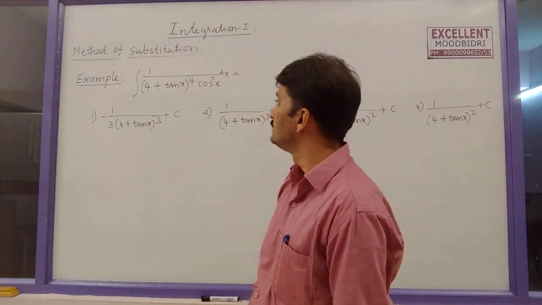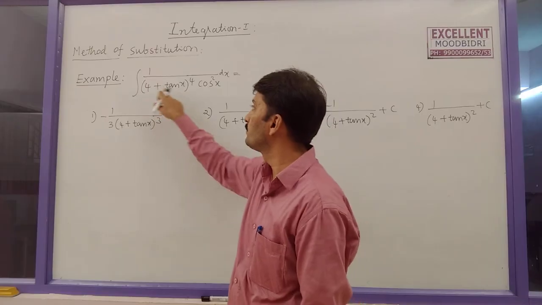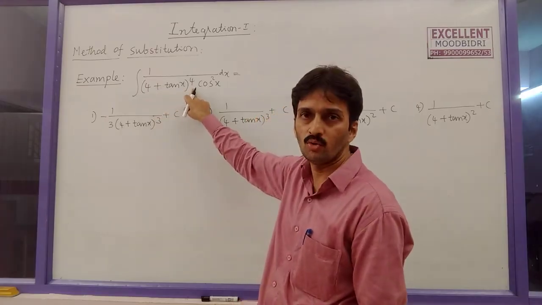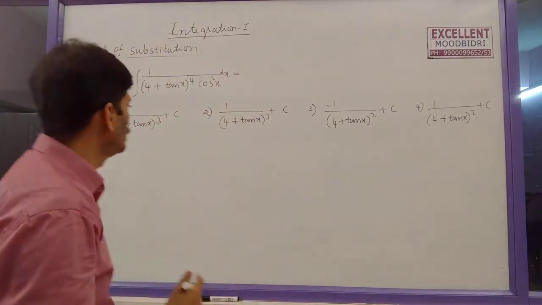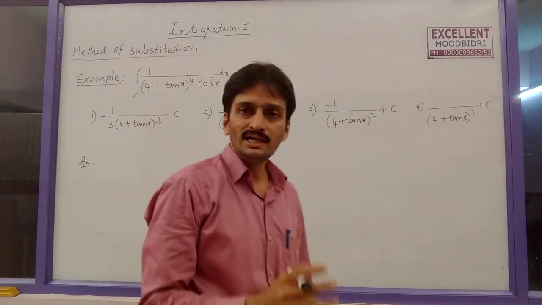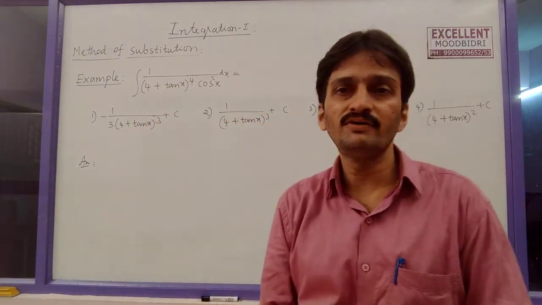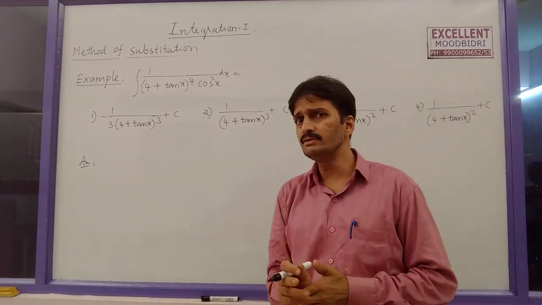Next example. Integration of 1 by cos square x into 4 plus tan x whole power 4 dx equal to. So 4 options are given. Okay. Now look at this problem. At the moment you can't identify function and derivative, correct? But what is derivative of tan x?